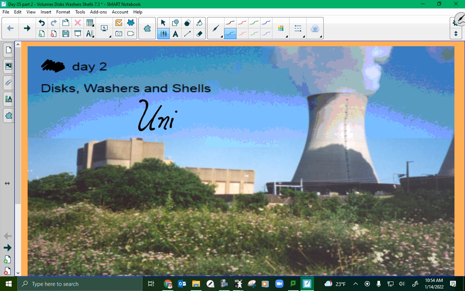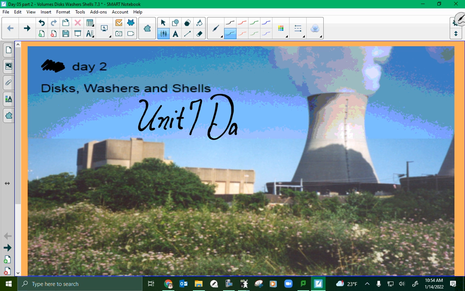This is Unit 7, Day 5, and this is the second part, so we'll call this Part 2. If you look in the top left of my green window bar, it says Day 5, Part 2, and the 7.3 is just in the book. It's Unit 7, Section 3, so it's 7.3 in the book.